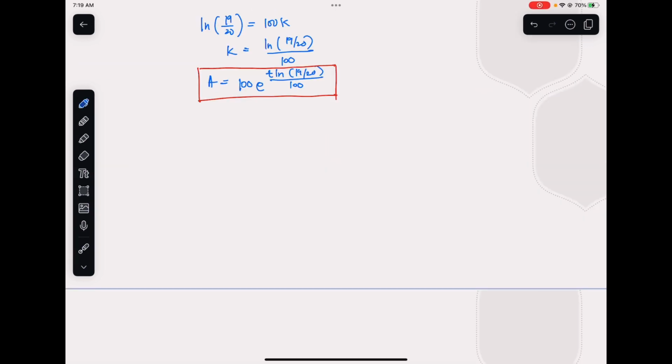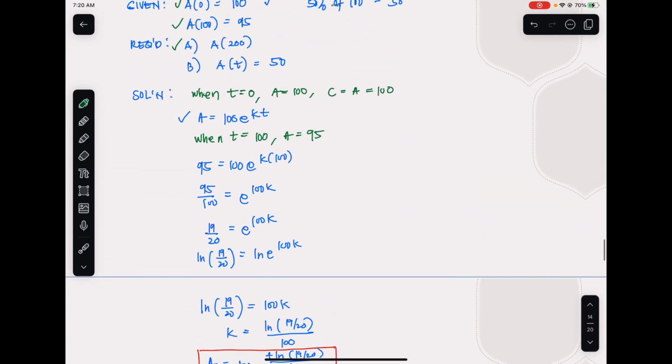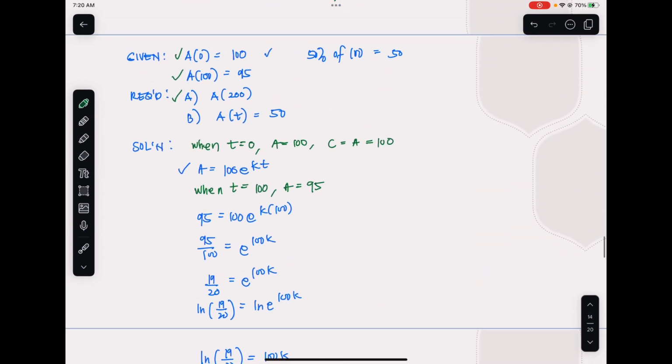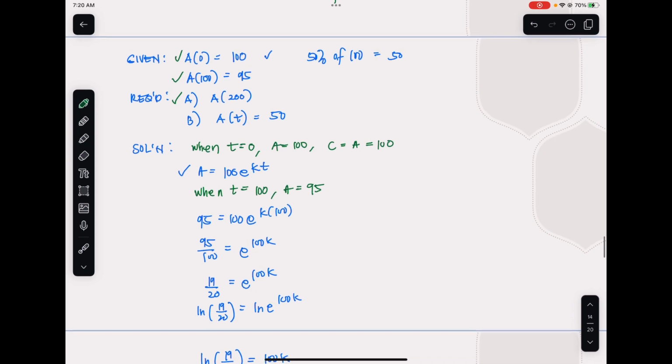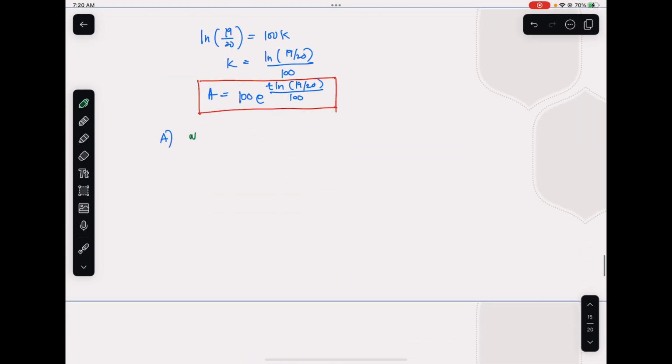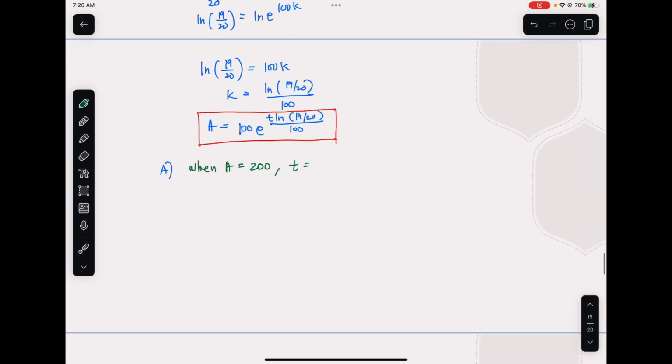Okay, so let's now solve. For our first requirement, when time is equal to 200, what would be the number of radioactive units that remain?